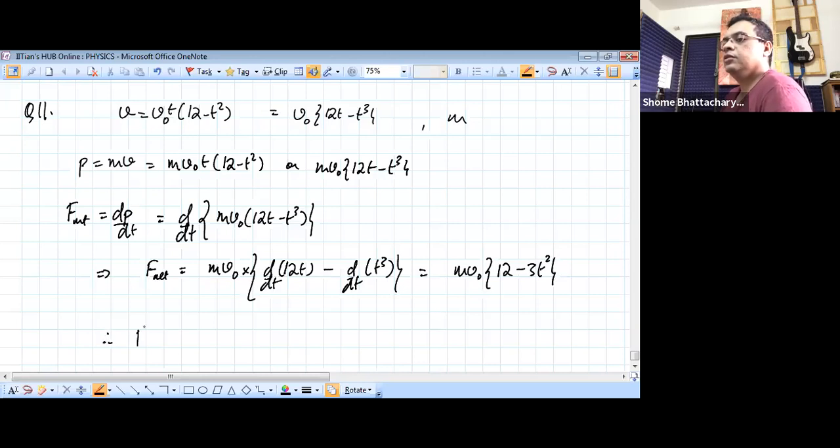So therefore, net force is equal to 0 when mv naught into 12 minus 3t square is 0. So that means 3t square minus 12 should be 0.